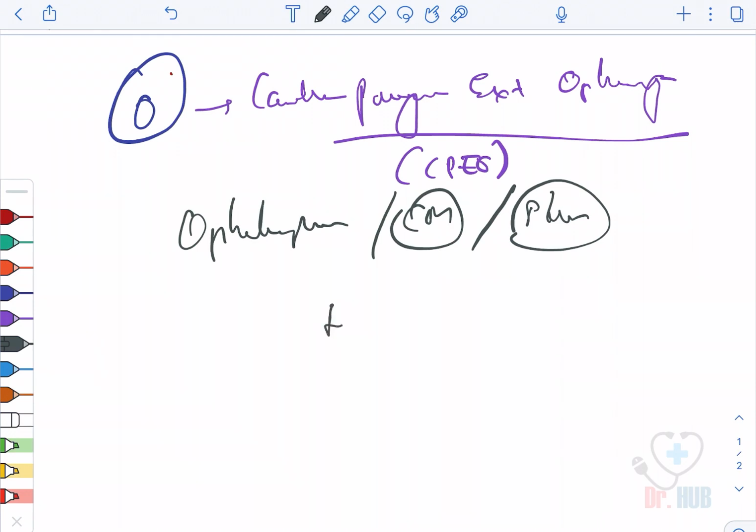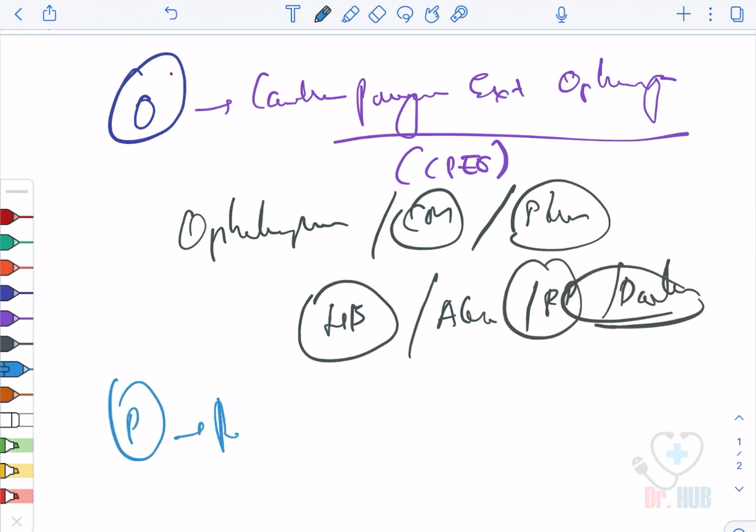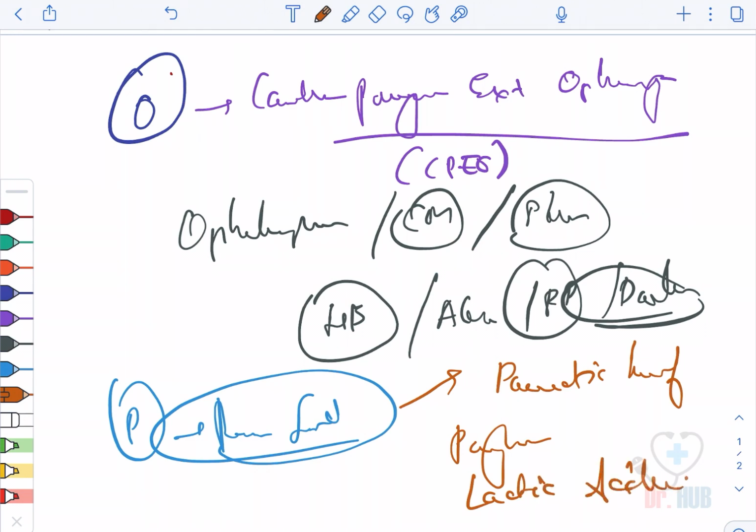Next comes the ptosis, heart block, then ataxia, the retinal pigmentation as well as the diabetes. Then we look at P for the Pearson syndrome. The Pearson syndrome includes the pancreatic insufficiency, pancytopenia as well as the lactic acidosis.